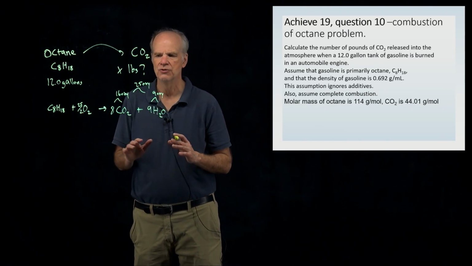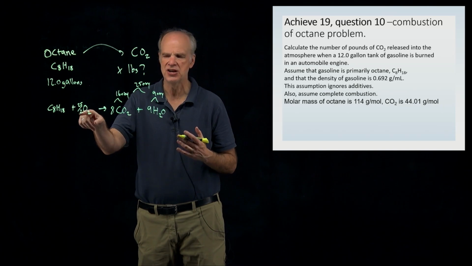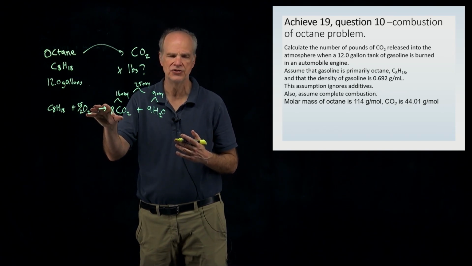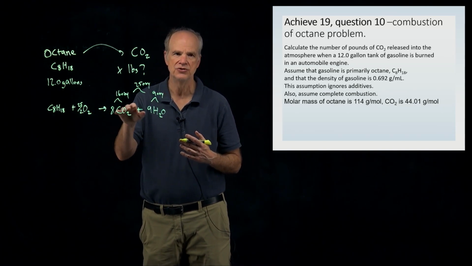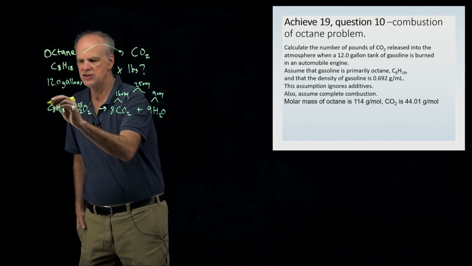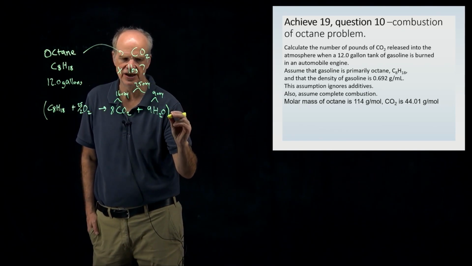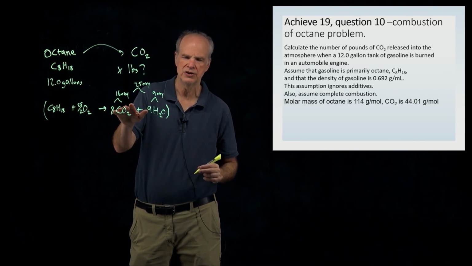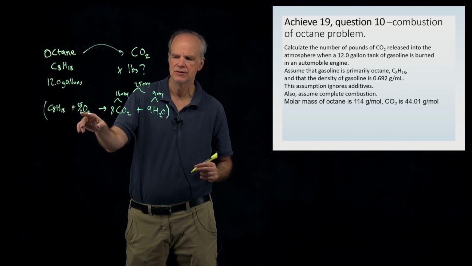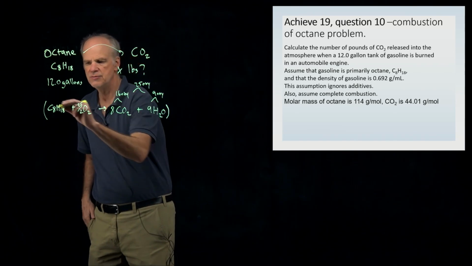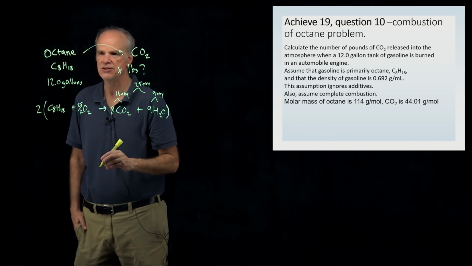Sometimes chemists leave the fractions there, other times they don't. So I'm going to rewrite this equation without the fraction. The way I do that is I take this whole equation and multiply by what we were dividing the fraction with, which is a 2. So let me multiply the whole thing by 2. So let me rewrite what I have.